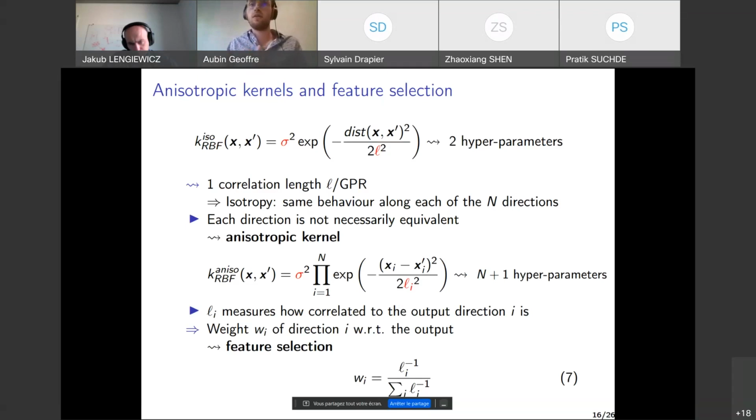It's really interesting because it allows us to define a weight of direction i with respect to the outputs. So we have defined here the weight associated with direction i like that. And from that, by comparing the weights of all the features, we can perform feature selection. So it's interesting because at first we have a regression technique, but we can use the tuning of these parameters as a feature selection tool.